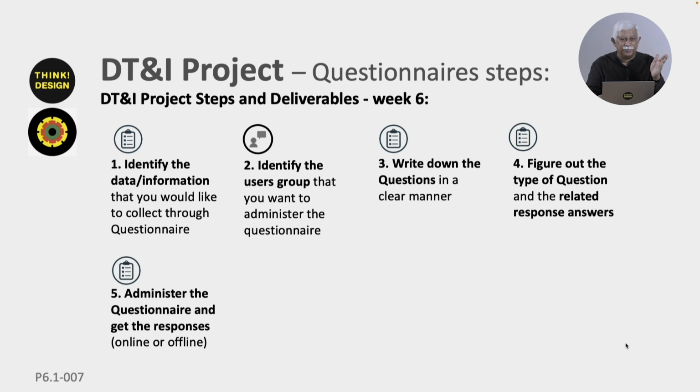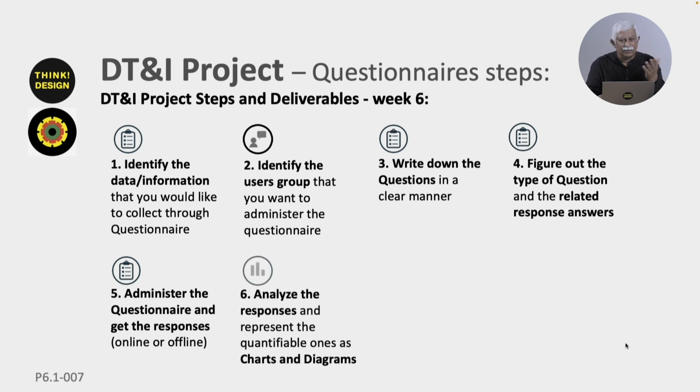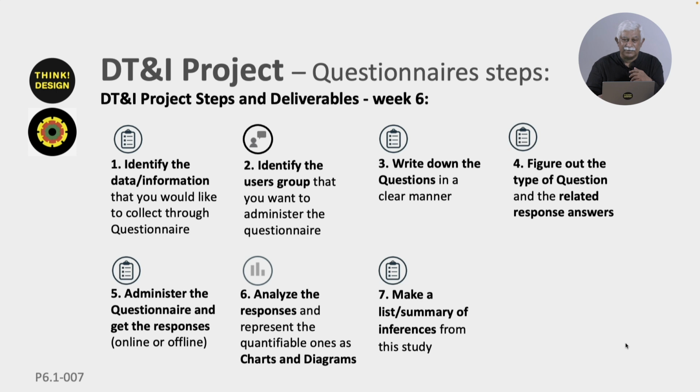And then you need to administer the questionnaire either online or offline. Once you get the responses, you need to analyze this information, and maybe you can represent it as charts and diagrams. Once you do that, you need to compare the responses that you got and make a summary of the inferences from this study.